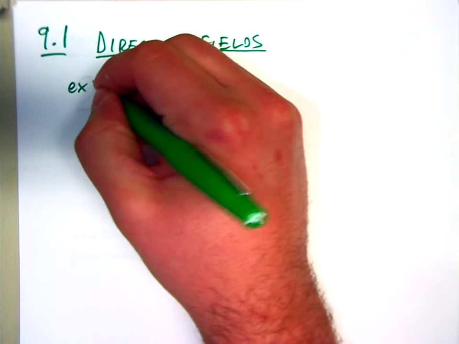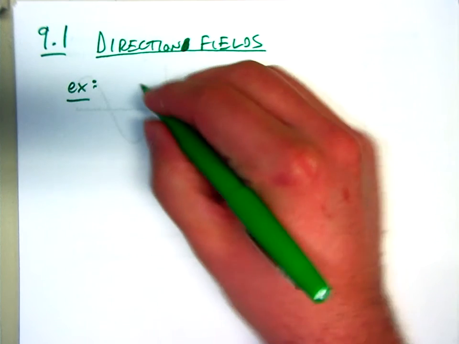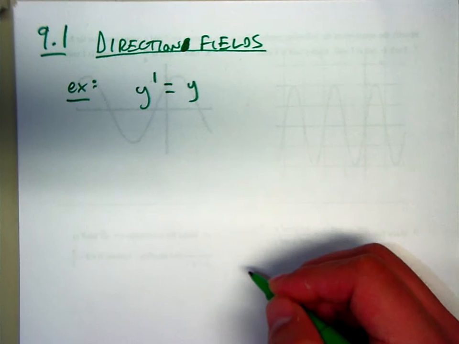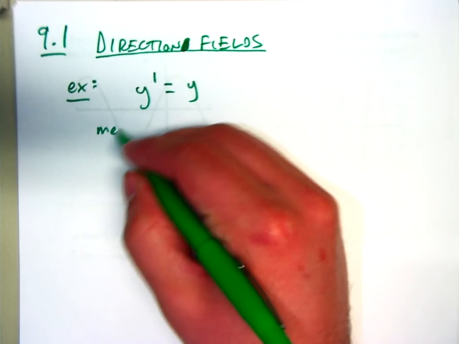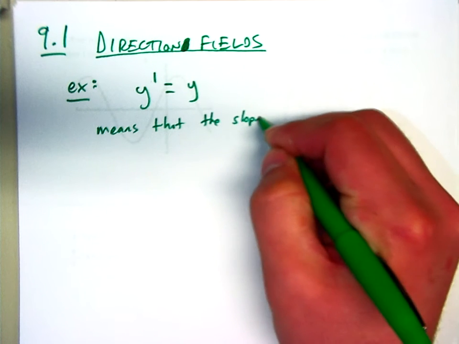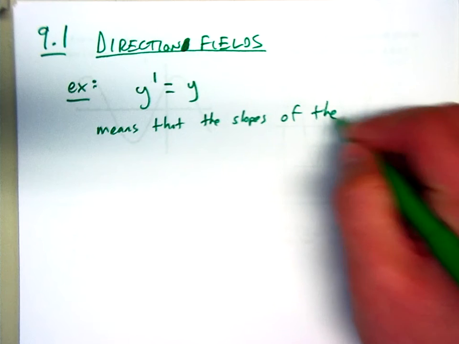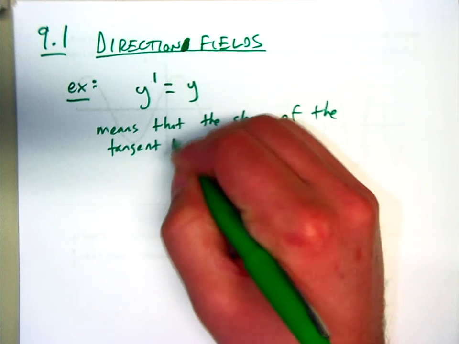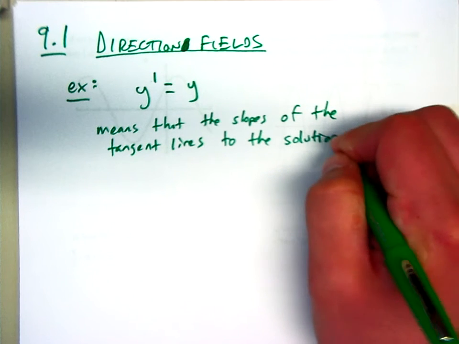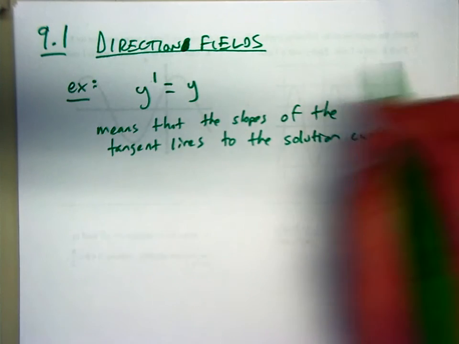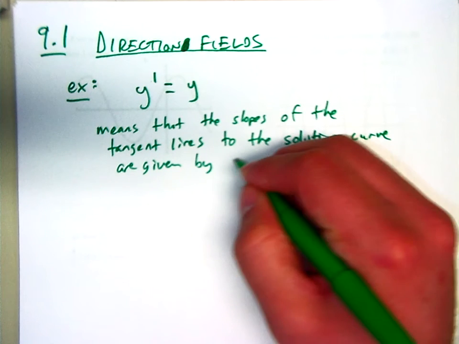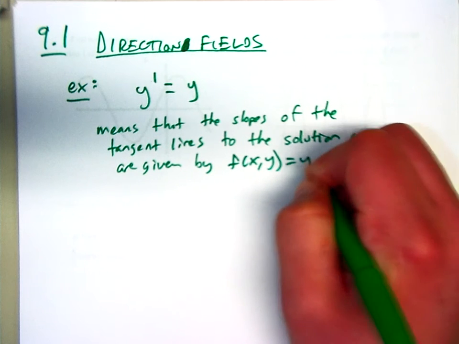Okay. So, for example, let's say we have the differential equation y prime equals y. This means that the slopes of the tangent lines to the solution curve are given by f of x, y equals y.